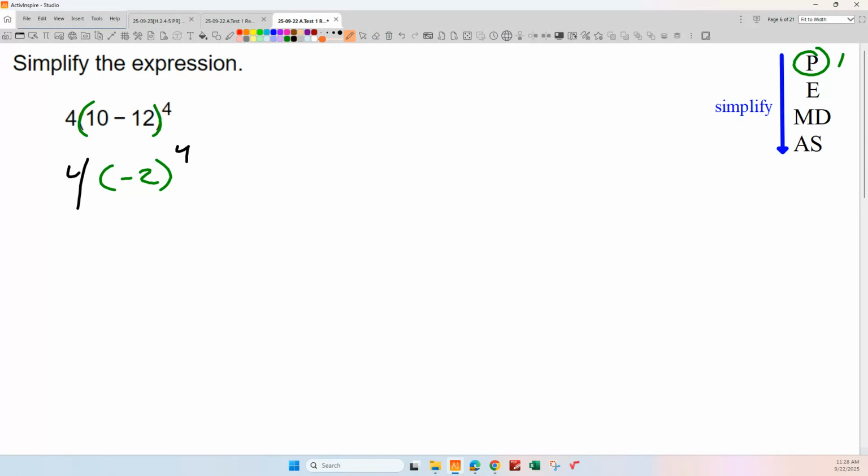So exponents are next. That's step 2. And what does that mean here? Negative 2 to the 4th. So what is that equal to?